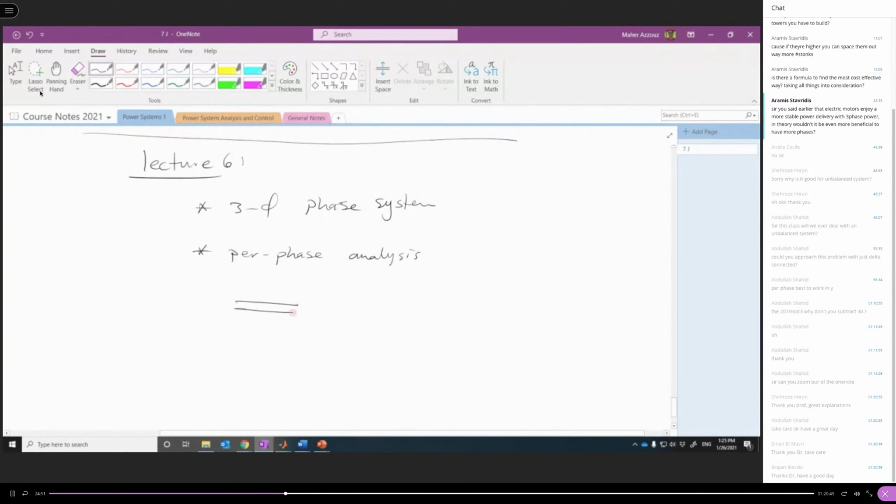You can have 3 phases between 2 towers, or for the same tower, you can actually carry double circuits, like this.